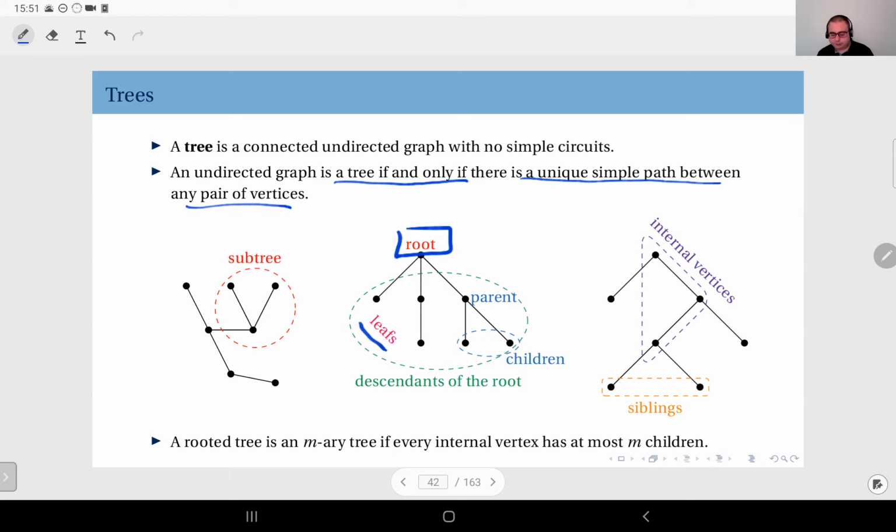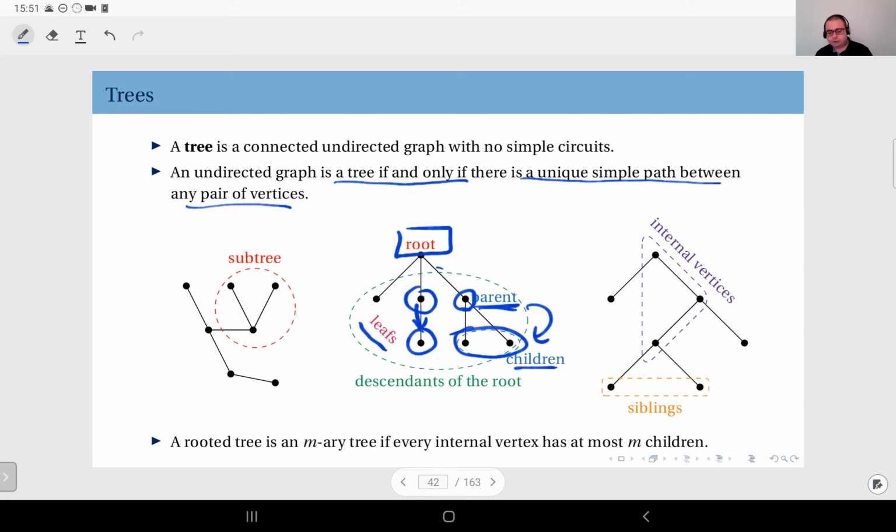And we have the concept of children and parents. So these two are children of this vertex, which we call the parent of these leaves. And this leaf is a child of this vertex, and this vertex is a child of the root. And all these vertices we call the descendants of the root.